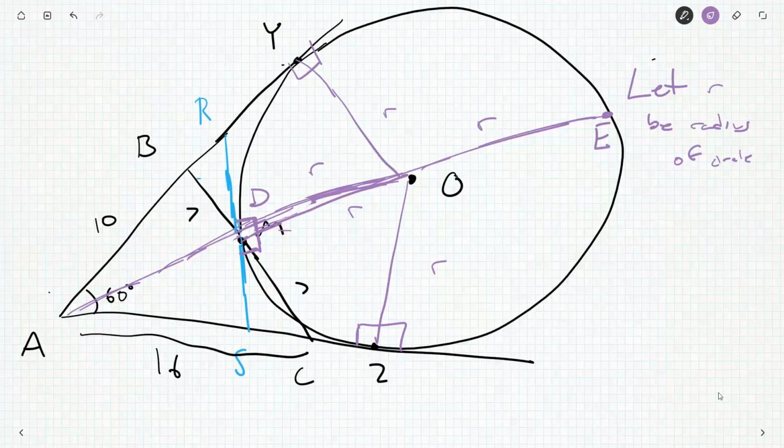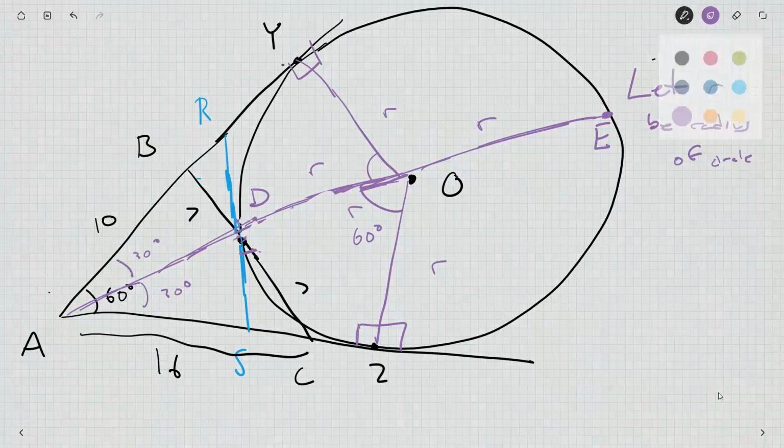So AO splits this into 30 degrees here. 30 degrees, 30 degrees. And we have a 90, so these are going to be 60s. I don't think we need M anymore. We might in a moment, but I don't think we need it exactly. So we're going to leave that out for just a second.